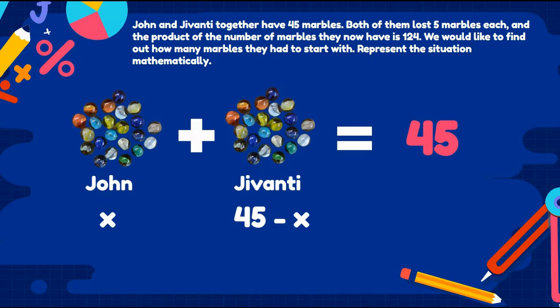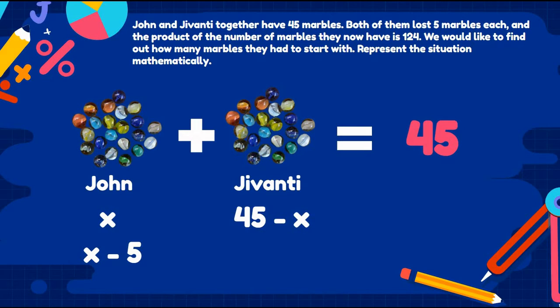And then we have been given something else too if you look at the next sentence in the problem. We have also been given that both of them lost 5 marbles each. So if both of them lost 5 marbles, how many marbles would they now have? As we have taken x as the number of marbles present with John, after losing he would have x minus 5.